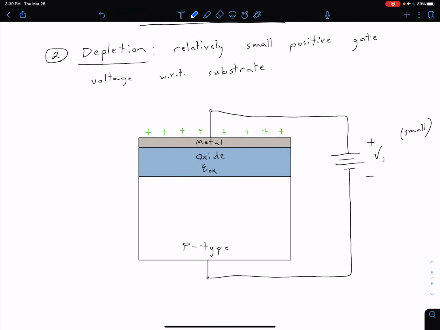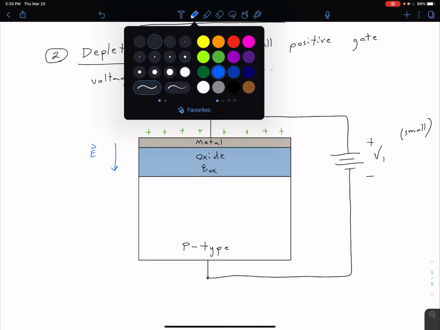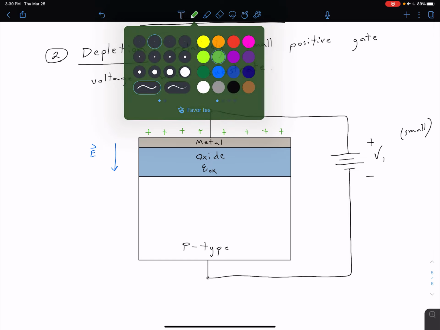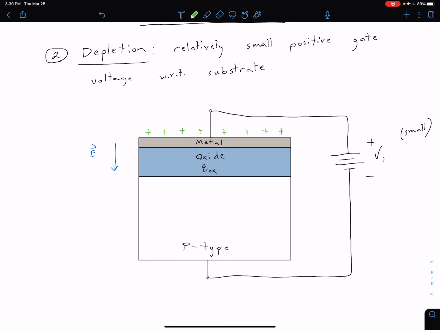This is going to create some electric field in this direction, and that electric field is going to have the effect of pushing away any holes from this interface. So these holes here are going to experience a force pushing them down further into the semiconductor. When enough of those holes are pushed away, what's going to be left is just a layer of the exposed ionized acceptor impurities.